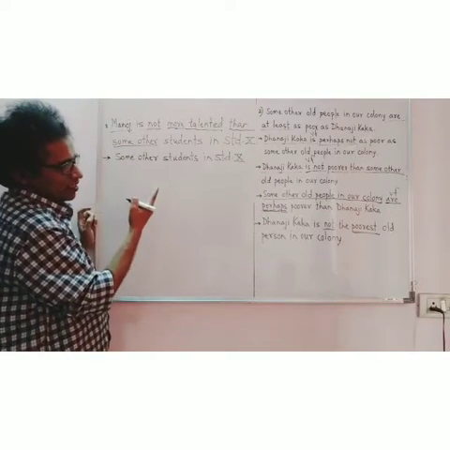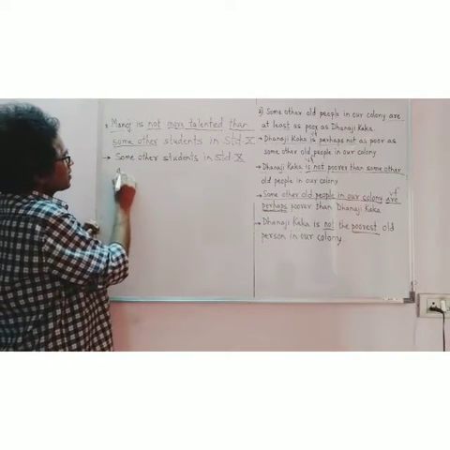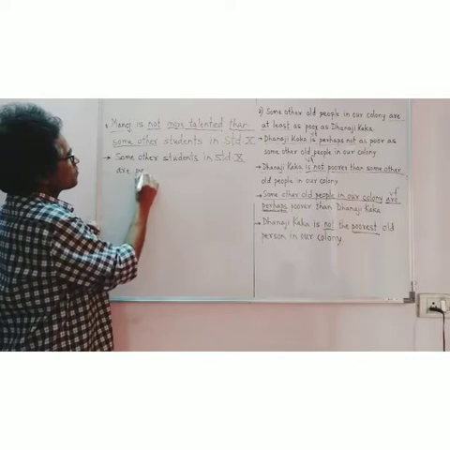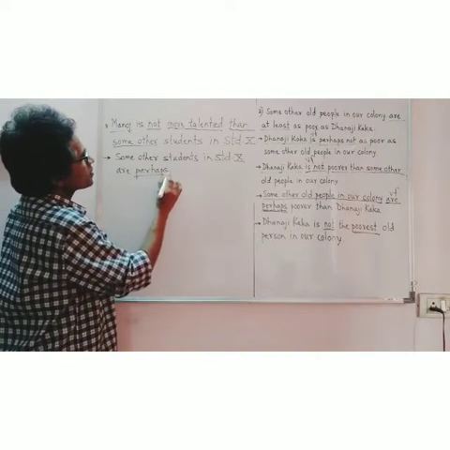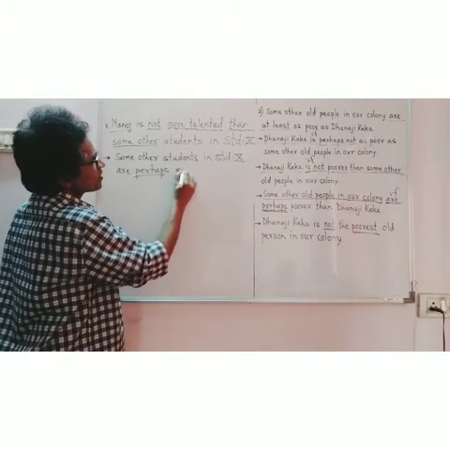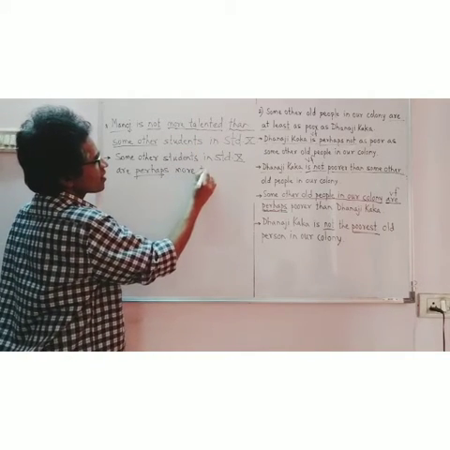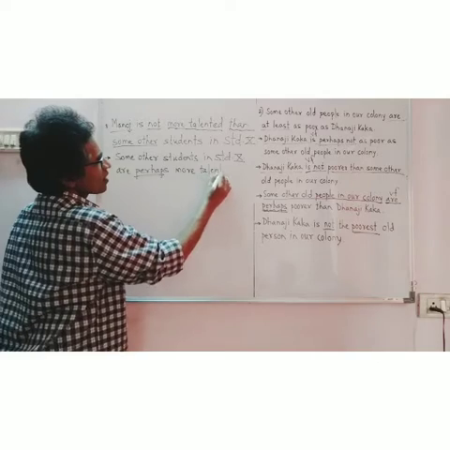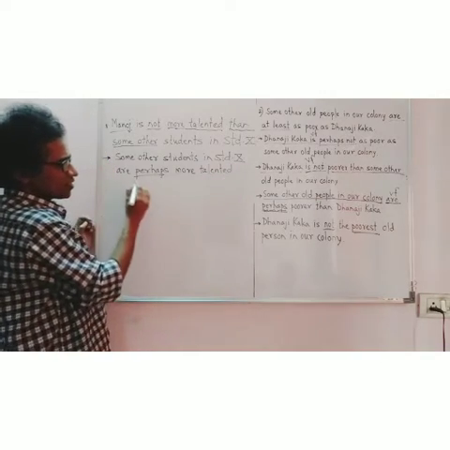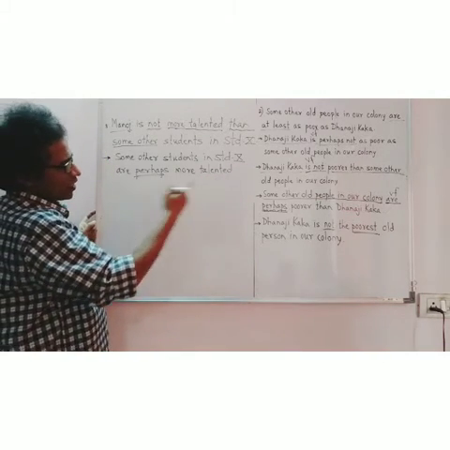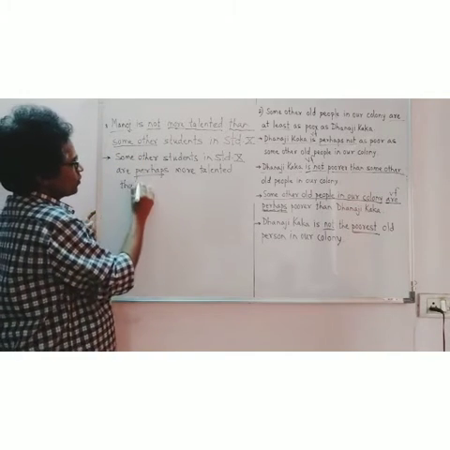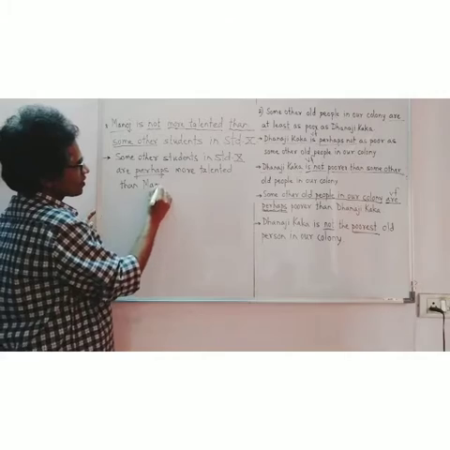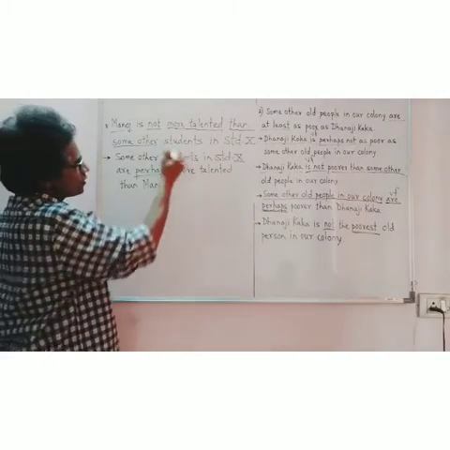You can just see here, this must come: perhaps, more talented. Now you can see that, then Manoj. These are the two comparative structures.